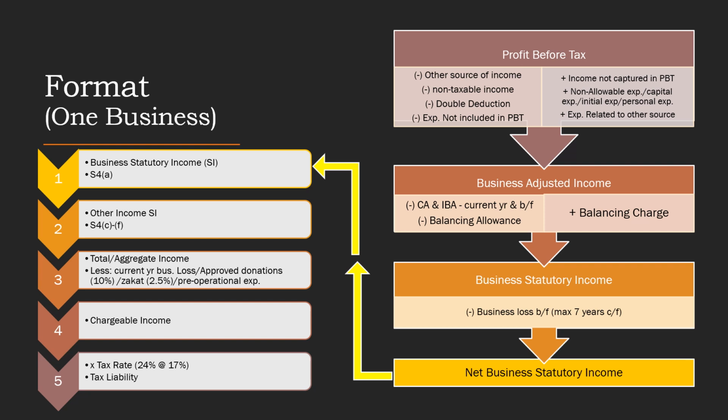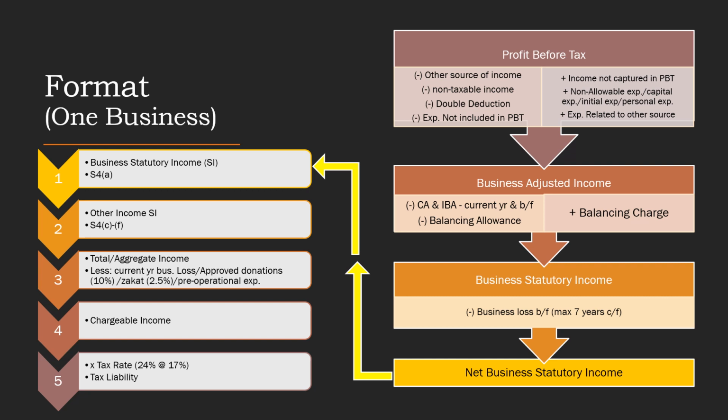Okay, so if we have extra aggregate income after we deduct the current year business loss, we can deduct approved donations up to 10% of aggregate income. If the approved donation is more than 10%, therefore it is regarded. So you just take up to 10% of AI or aggregate income only. Same as zakat.